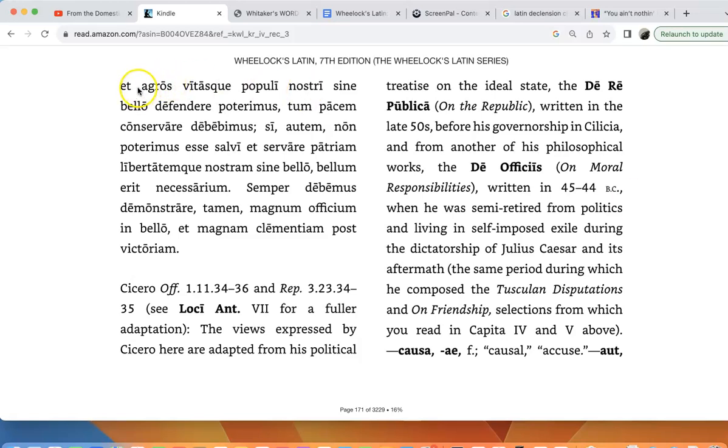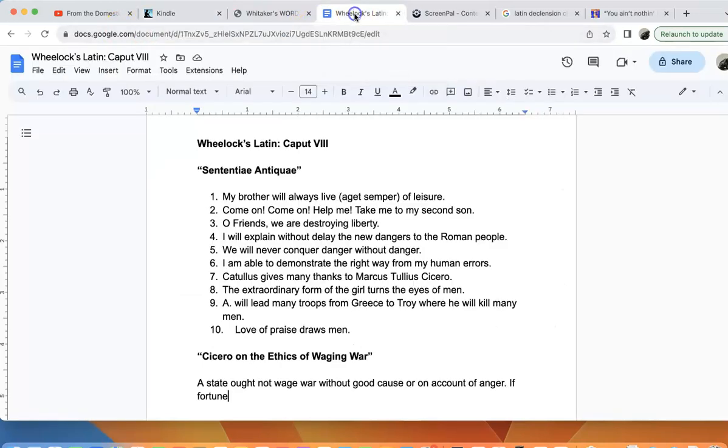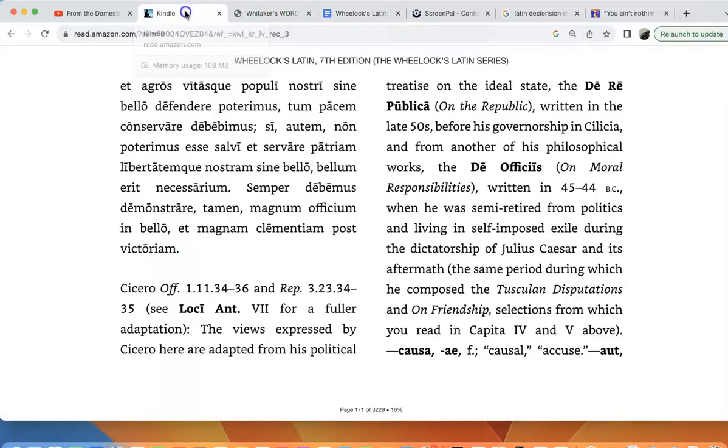So if the fortunes, remember Latin doesn't use a or the. So in this case, it makes sense to use the. So the fortunes, because if a fortunes doesn't make any sense, because a is singular, whereas fortunes is plural.